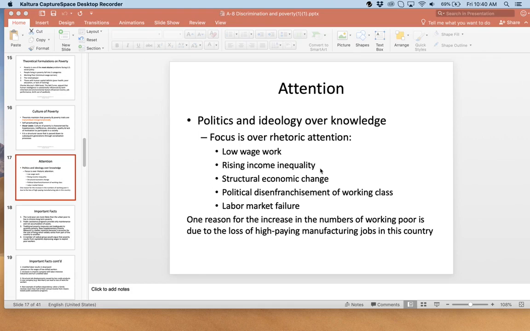Here, we know that we have political disenfranchisement of working class people, labor markets, all those conditions could cause poverty, but we don't necessarily attend to those conditions for whatever reason, because perhaps it's not politically convenient.